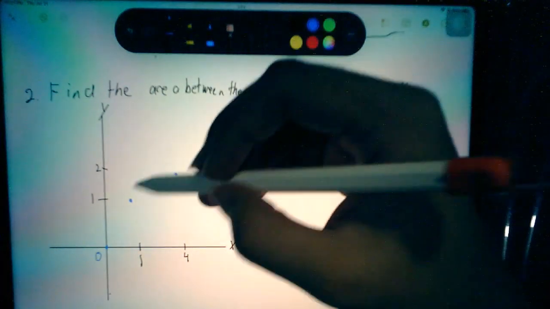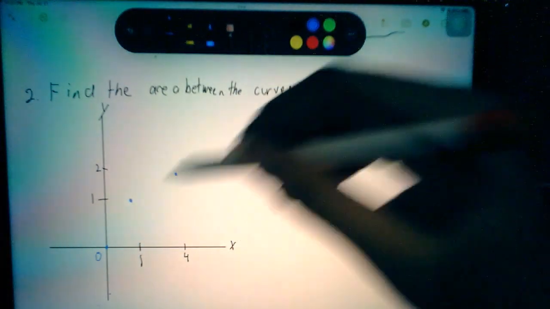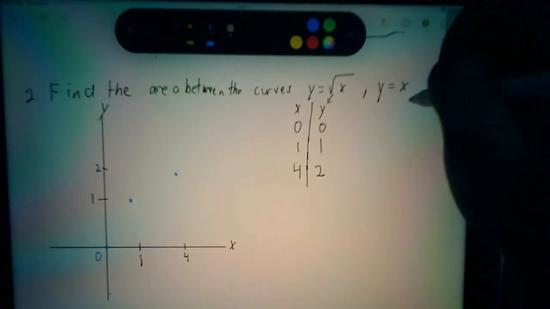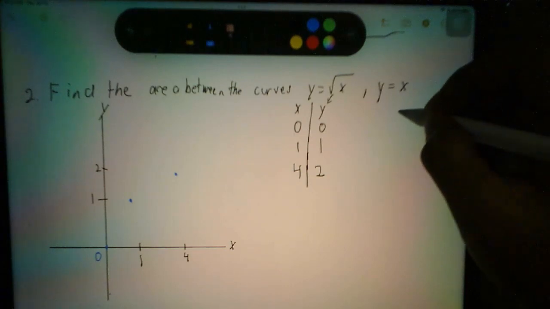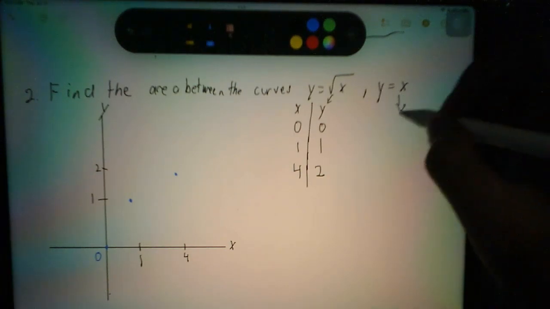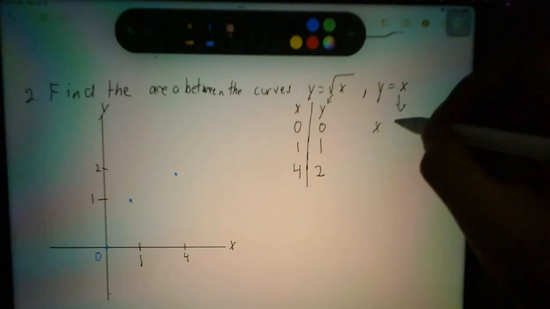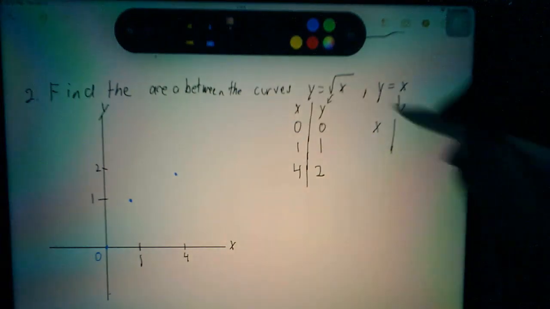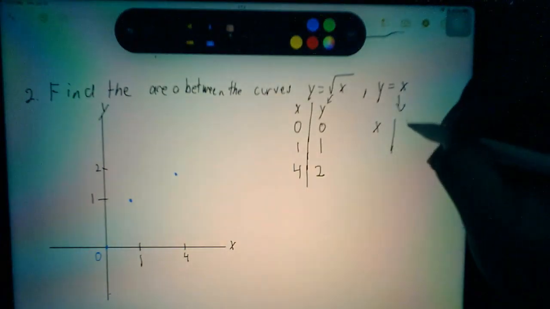So later we're just going to get the intersection between these two curves. So first we are going to get a tabular method for this line right here, y equals x.